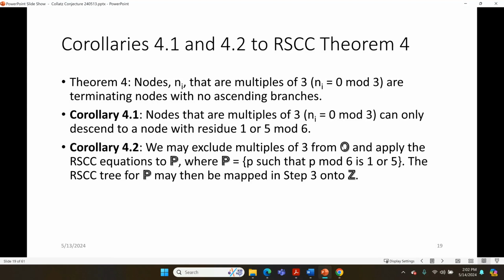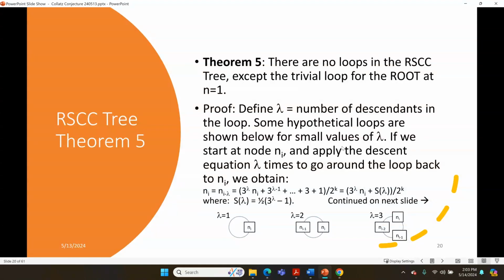And Corollary 4.2 is that we may exclude multiples of 3 from O and apply the equations for the reverse simplified Collatz conjecture to the set P, where P is the set of odd integers that have residues 1 or 5 modulo 6. The tree for the set P may then be mapped later into the signed integers in the set Z. We'll see to that in step 3.